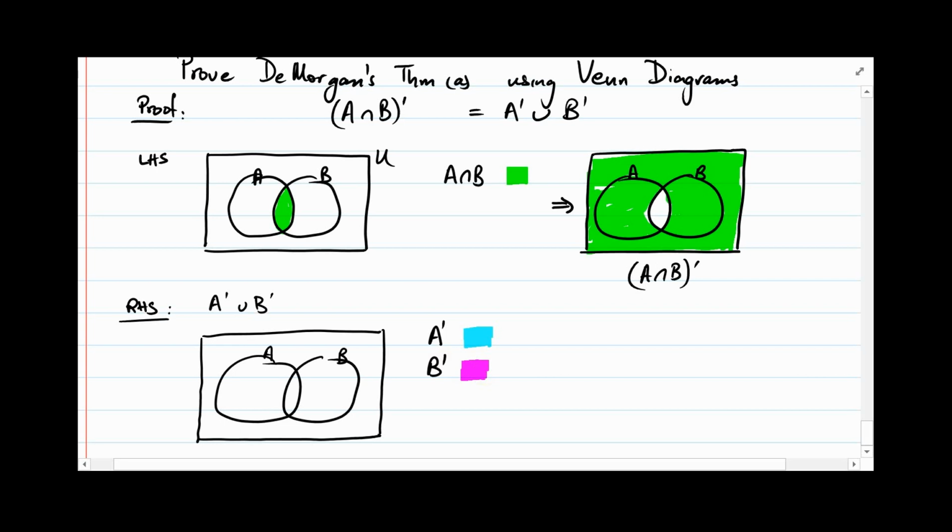All right. So let's identify these regions. If I'm not in set A, I'm outside of it. So all of the regions outside of that first circle.